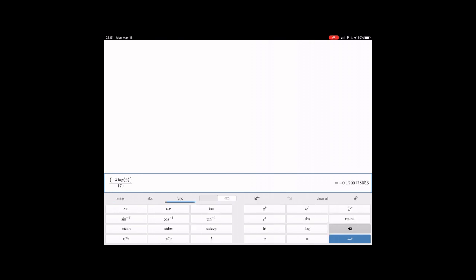close parenthesis, divided by parenthesis, and it was 7 log of 3, close parenthesis, minus 5 log of 2.